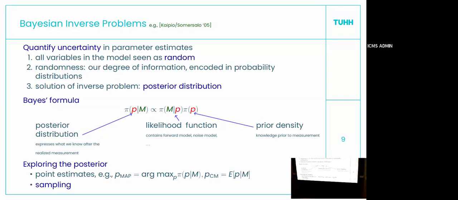You can do point estimates, like finding the maximizer of this posterior distribution, which then is essentially the same thing as the optimization problem we've seen before, with suitably chosen norms. Or you can do sampling to explore this. And if you do sampling to explore this, you can compute moments of the distribution.